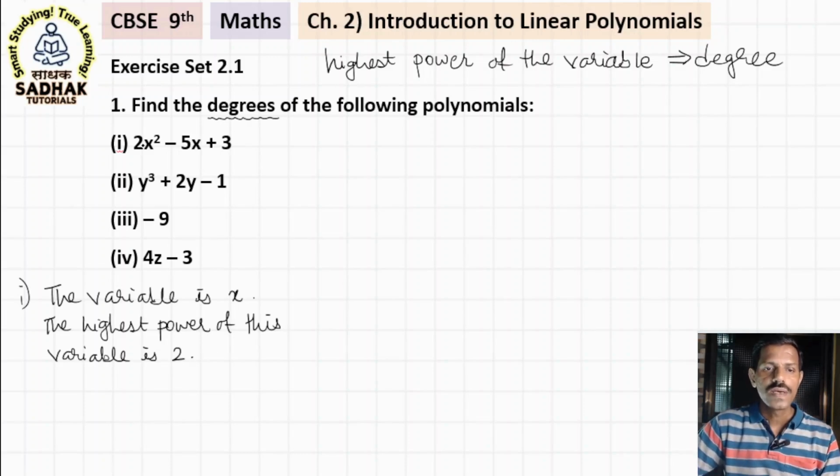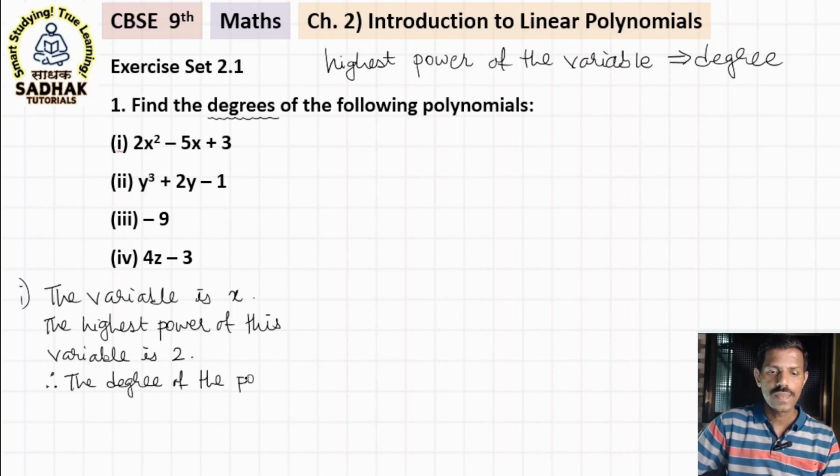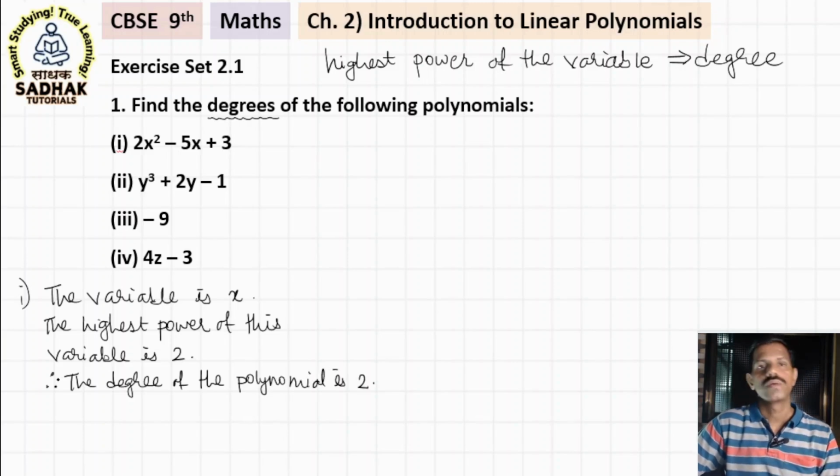Because here we have 2x square, so x has the power 2, that is the first term. Minus 5x is the second term, where the power of x is 1, and plus 3 is the constant term, which we can write as x raised to 0. So the highest power here is 2. Therefore the degree of the polynomial is 2.